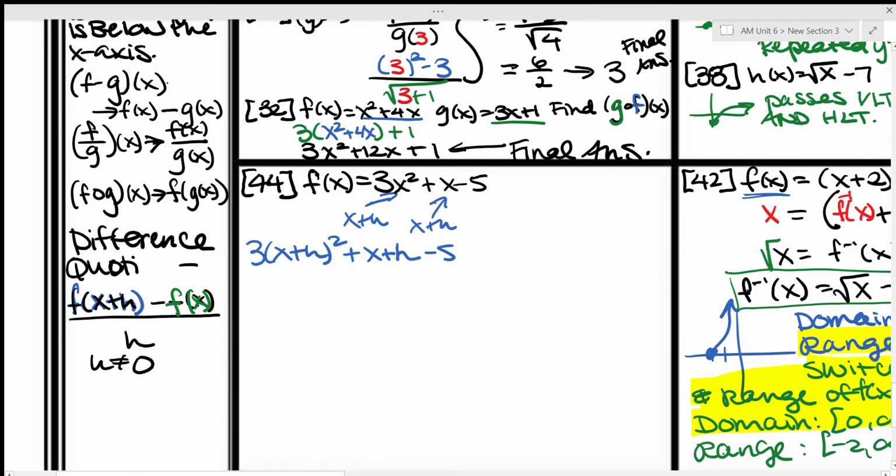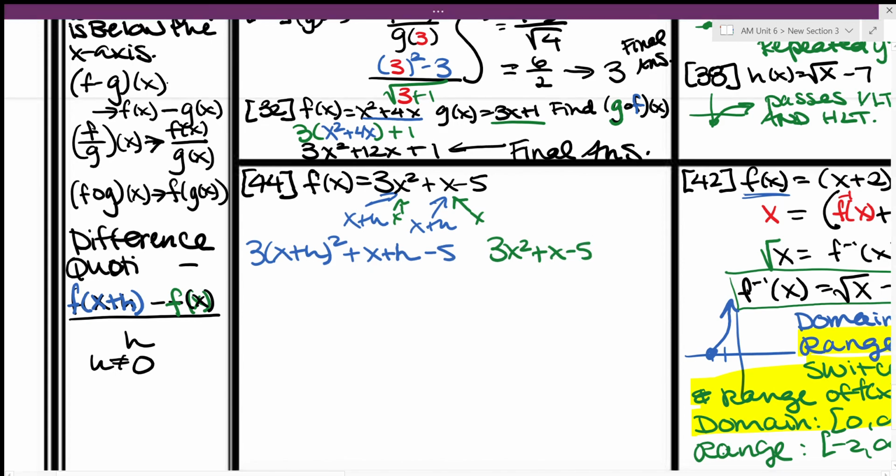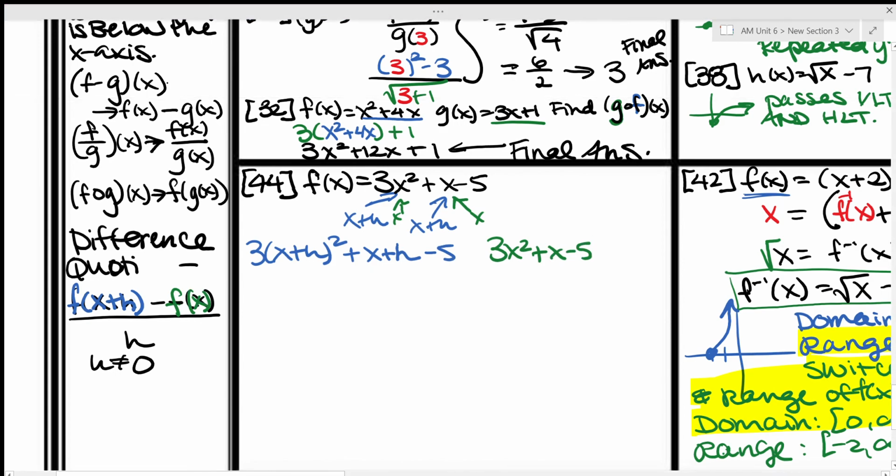It's going to be plugging in now an x. So that would be 3 times x squared plus x minus 5. But then when I have this subtraction here, it means I have to subtract all of that. So I'm going to subtract all of this.